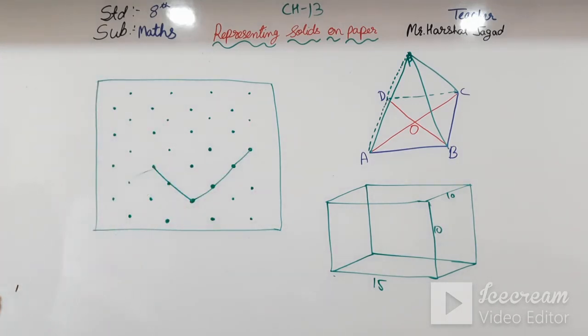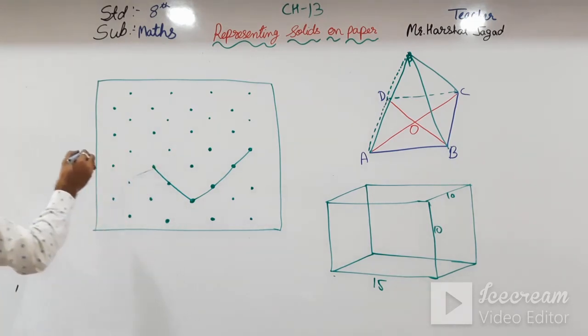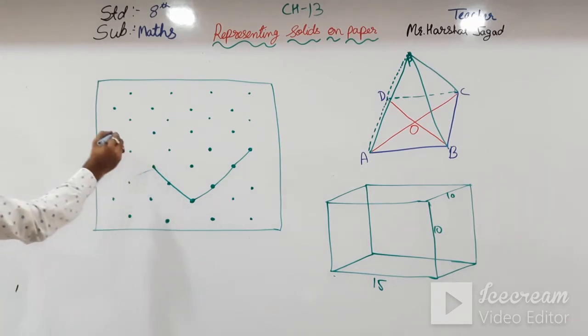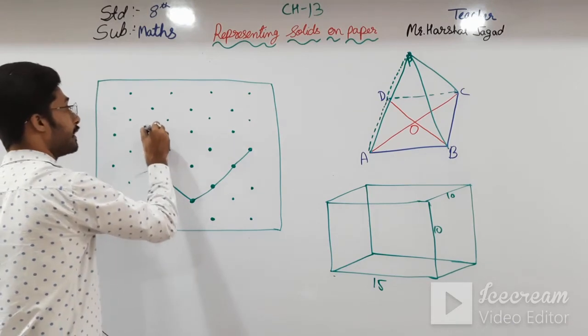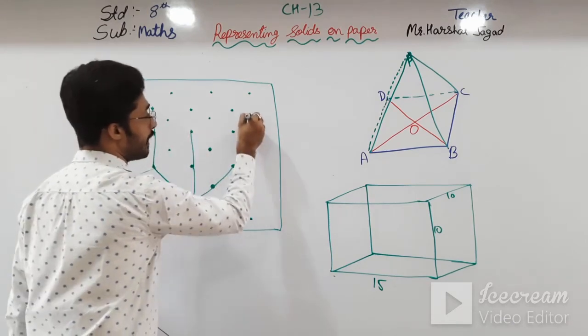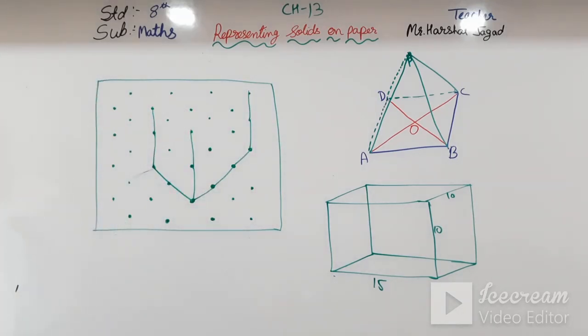So we have to take 15 centimeter, and then draw from this a straight line, how many centimeter is it, 10 centimeter. So this is 5 and this is 10, this is 5 and this is 10, this is 5 and this is 10. Okay, we have drawn this, and then after we have to connect that.